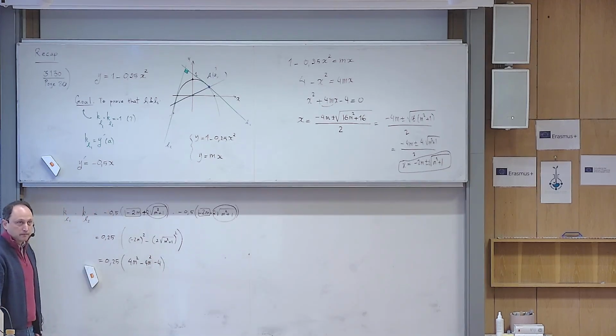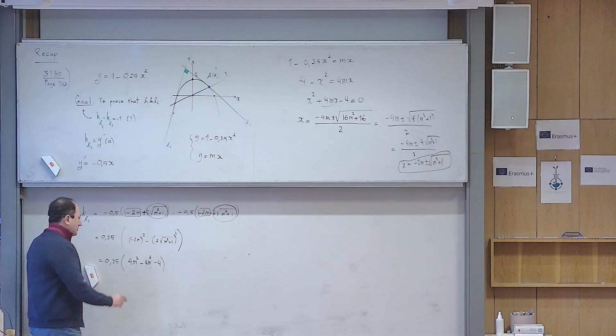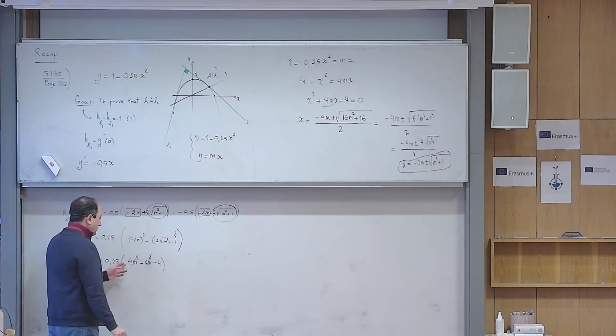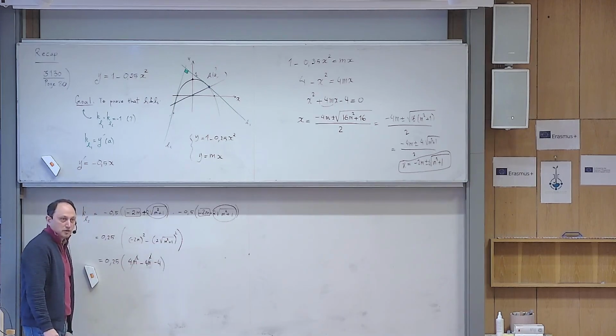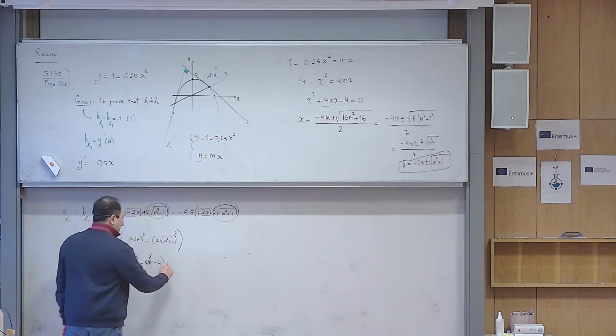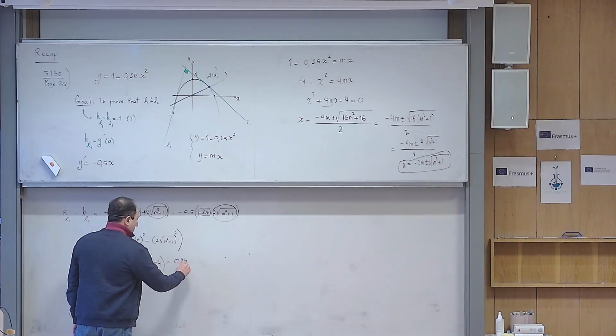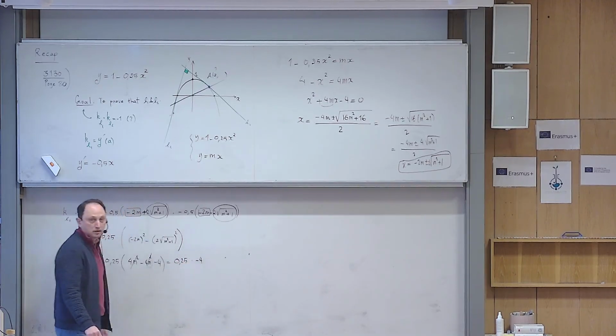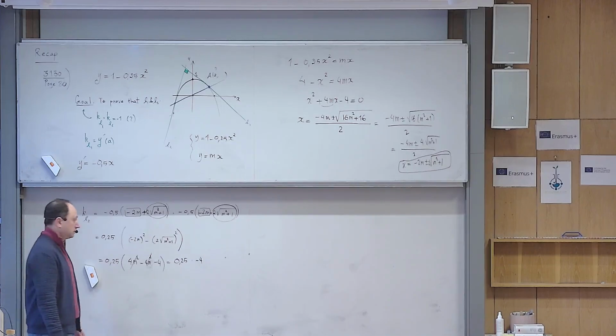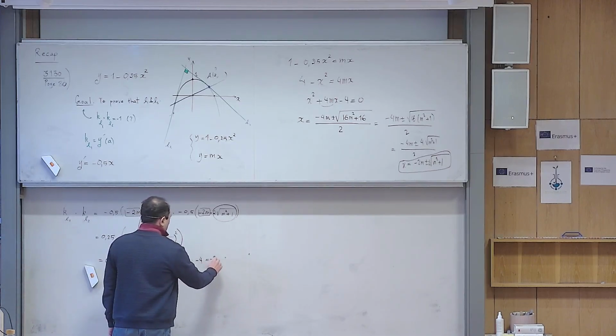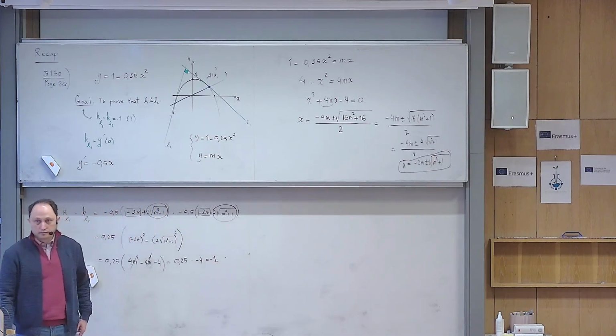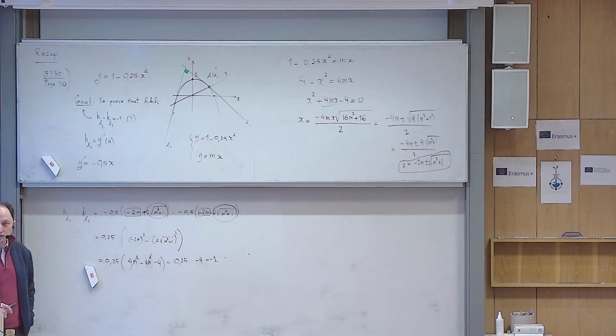Is that right? And then you see that the value of n does not play any role in this problem because whatever it is, it is gone. What is left for me is 0.25 multiplied by minus 4. But what is that number? That number is minus 4. Okay? So that was the solution to this problem.